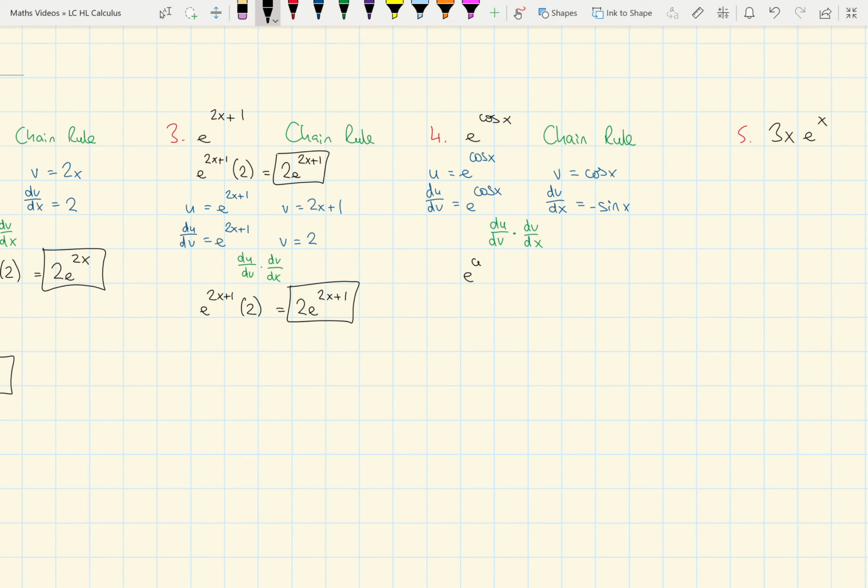So we get e to the power of cos x multiplied by minus sine of x, and we can just tidy up as minus sine x times e to the power of cos x. Or we can write it the other way, it's the same answer.